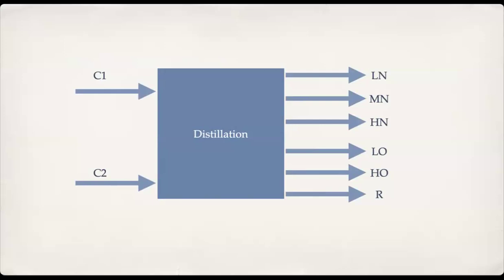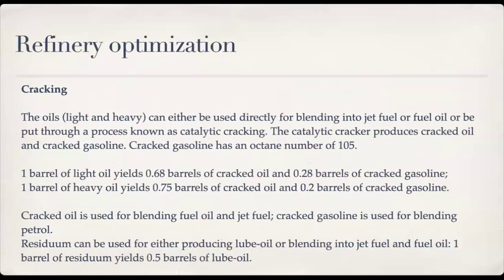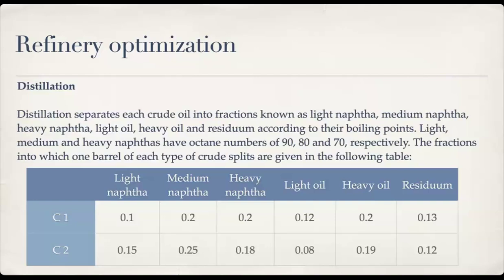The yield for each type of crude, C1 and C2, is shown in this table.